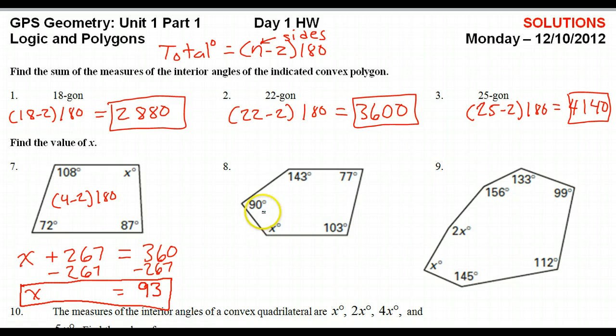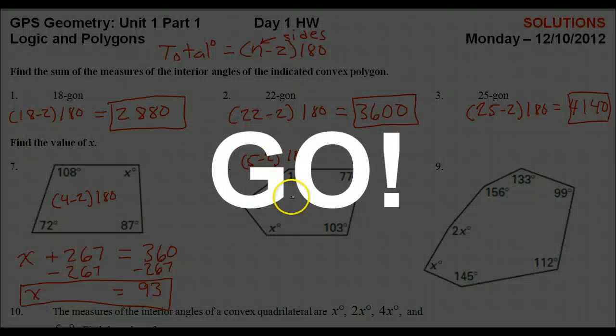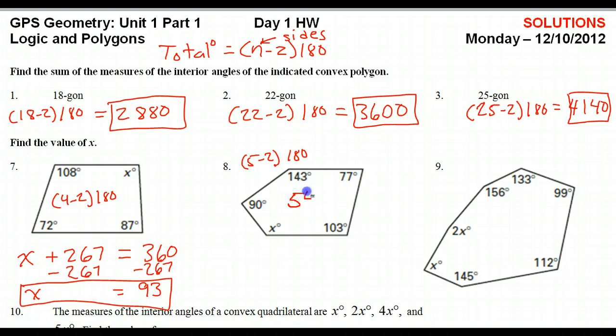Okay, similarly, see, this is a pentagon, 1, 2, 3, 4, 5. So if I do 5 minus 2 times 180, I get 540 degrees total. Okay, so I've got a total of 540 degrees. When I set up my equation, that goes on the right-hand side.